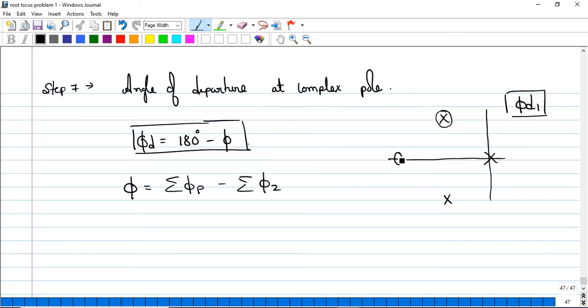Let me draw the construction lines from the remaining poles and zero. So this will be the construction line. Now we need to identify the angle made by pole 1 and the angle made by pole 2, all in the same direction, and the angle made by zero 1.